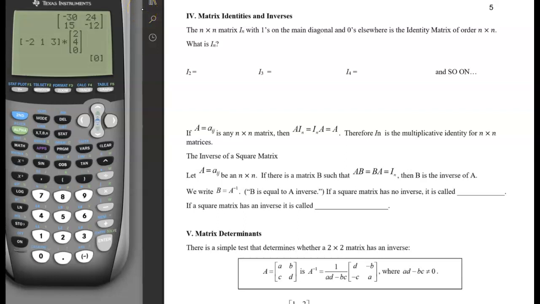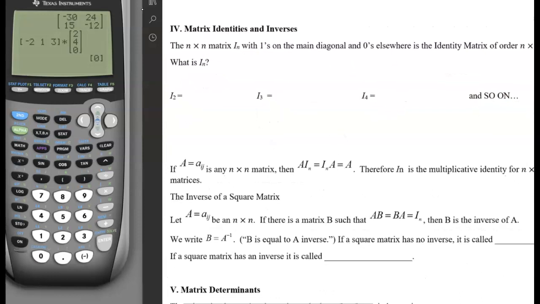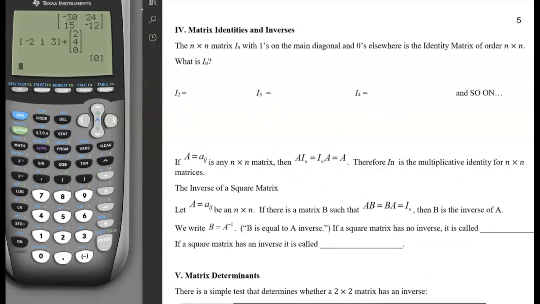So let's go ahead and we're just going to, for a minute, talk about what is called an identity matrix. Now, an identity matrix is just a matrix that is always square. It's an n by n, and it only has ones and zeros, where the ones are on the diagonal.